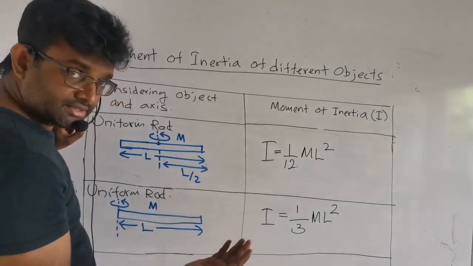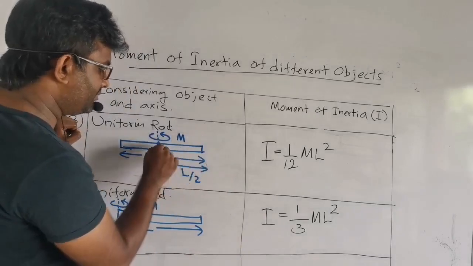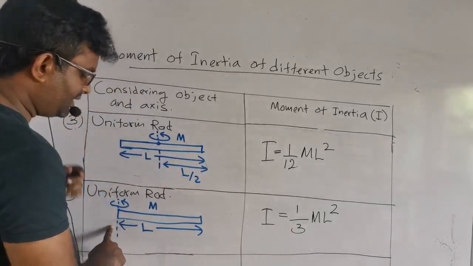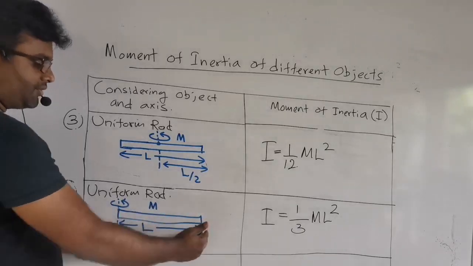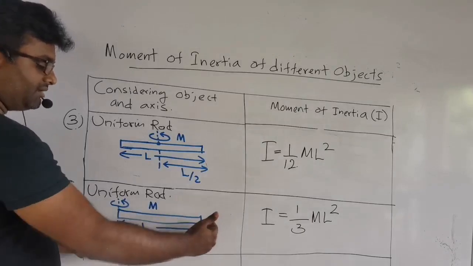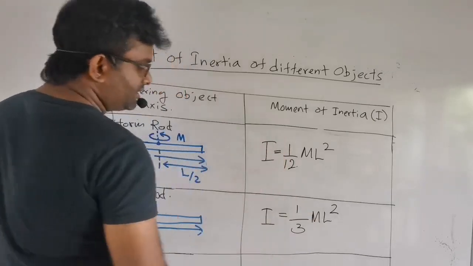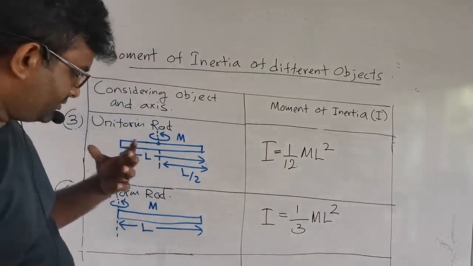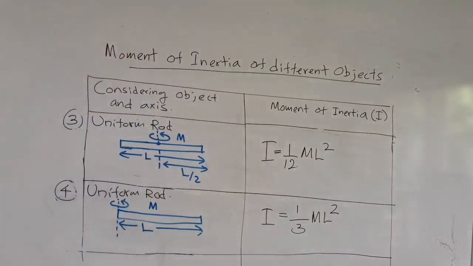What is the reason? When we consider the distribution of mass about the axis for this one, we need to consider the farthest point, right? The distribution of mass there is high, therefore that value of I is greater than the previous one, right? Okay.